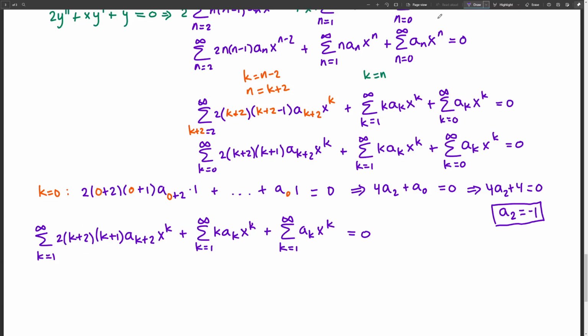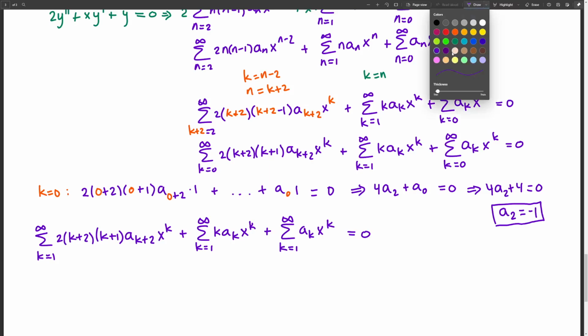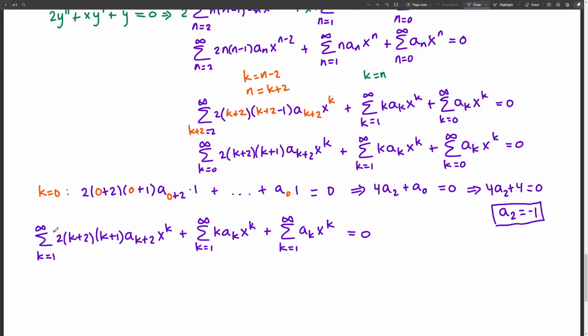So now if you look at the coefficients, this is the coefficient in front of x to the power k here. This is the coefficient over here, and this is the coefficient over here. So in order to have this expression be equal to 0, these coefficients, when you add them up, they have to equal 0.